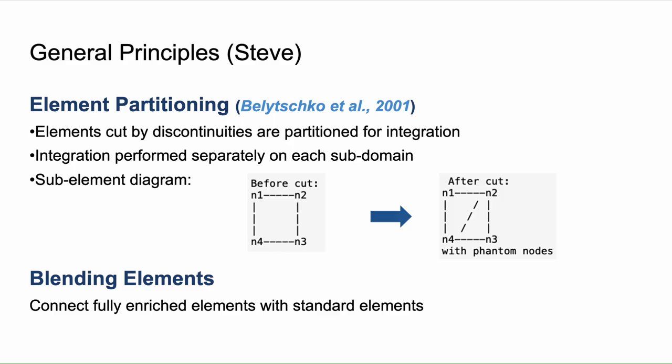Integration is then performed separately in each subdomain to accurately capture the discontinuous behavior. Notice how the element on the right shows a diagonal line representing a crack or discontinuity, with pattern nodes used to facilitate the integration.